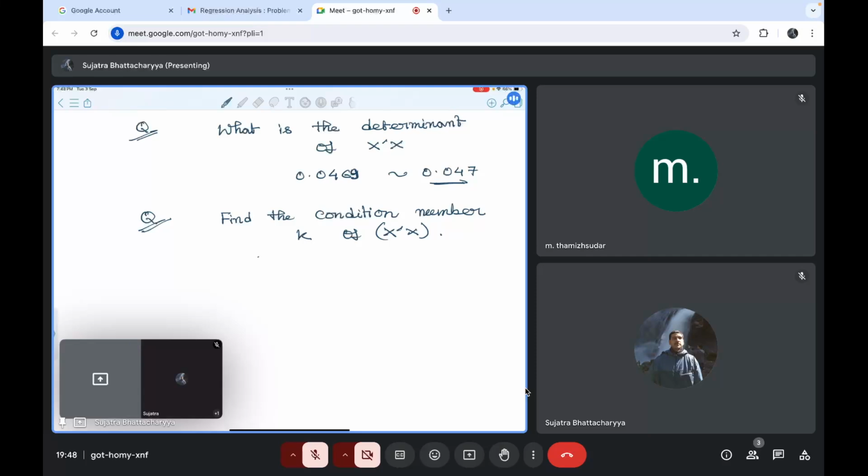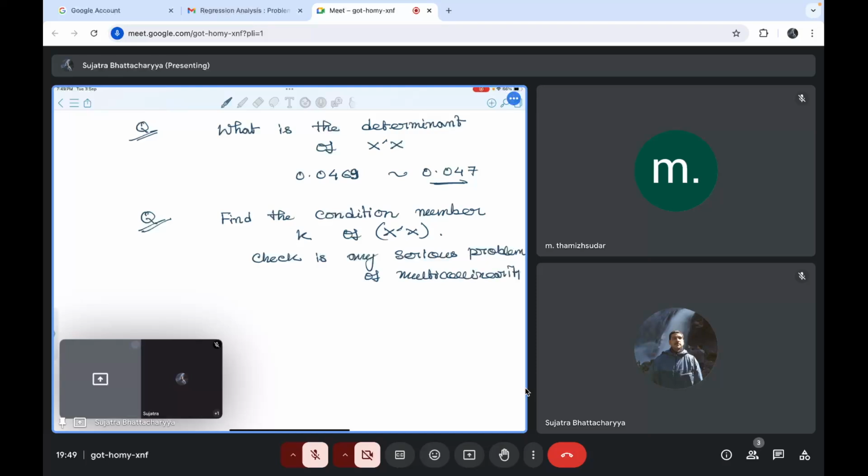And also check, is there any serious problem of multicollinearity? This is the only condition through which we can actually check. Other conditions may reflect some values, it might not matter, but this you must always check.